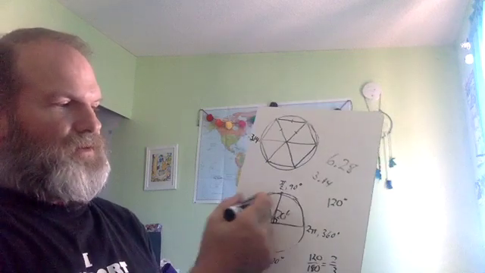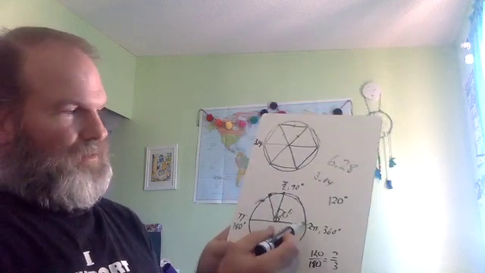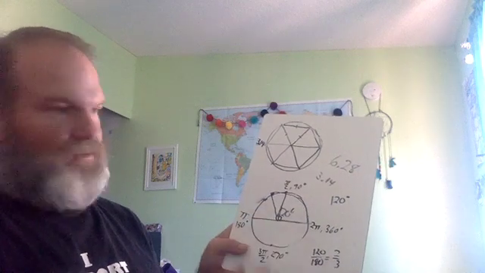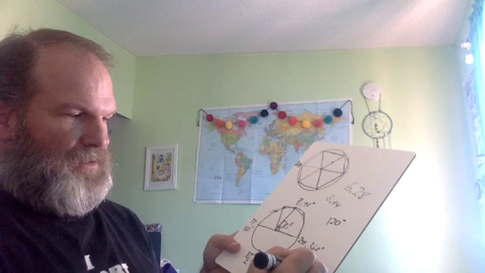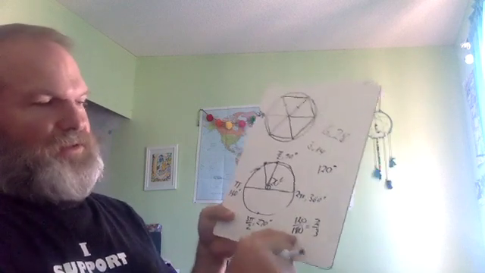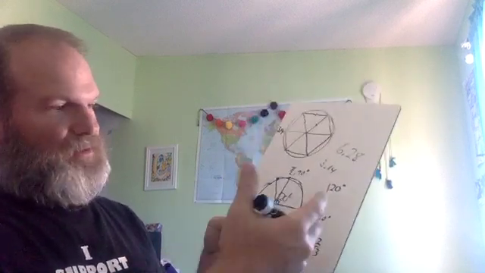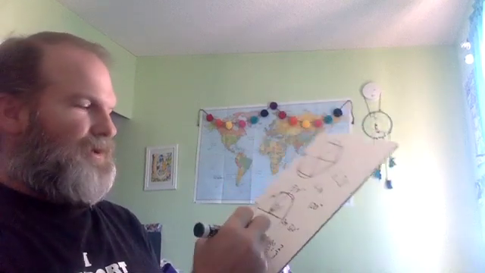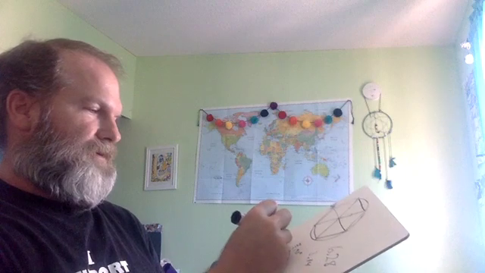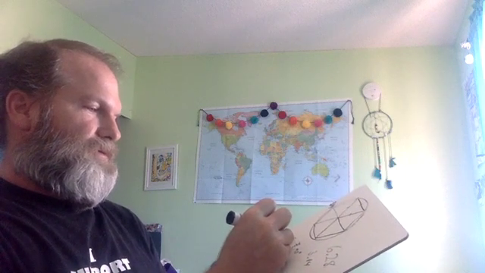So it's 2/3 of the way to 180 degrees, to a straight line. So 2/3 of 180 is what 120 is. So when it comes to the radians, it's got to be 2/3 of pi. So 120 degrees is the same thing as 2/3 pi.